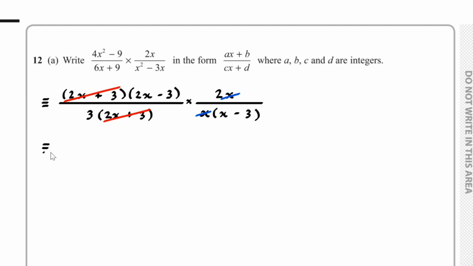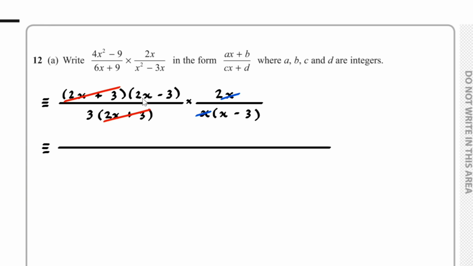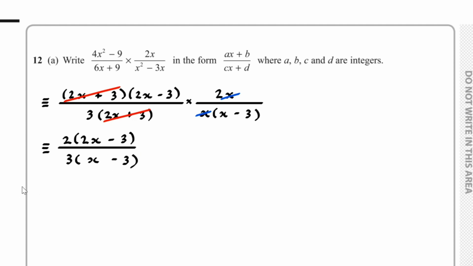So I am left with 2 multiplied by 2x minus 3 over 3 times x minus 3.